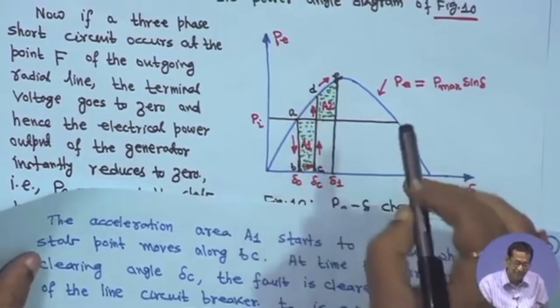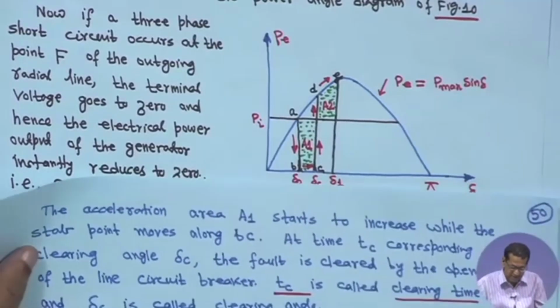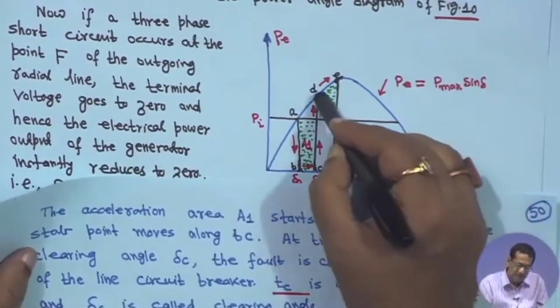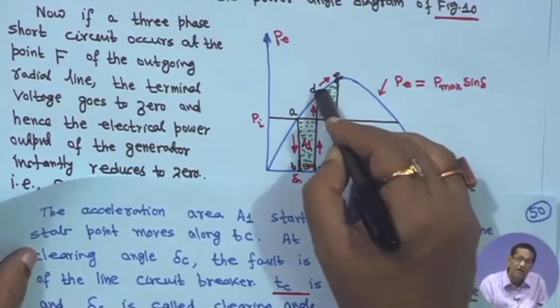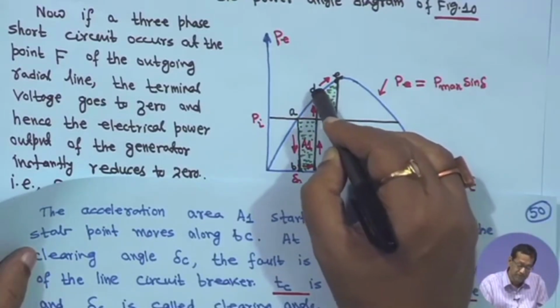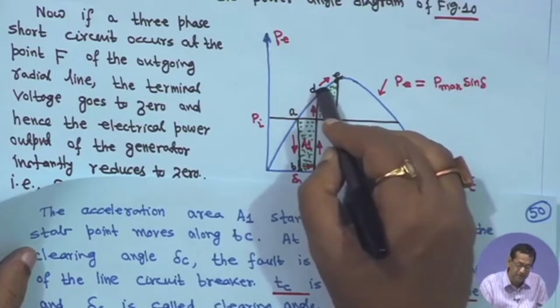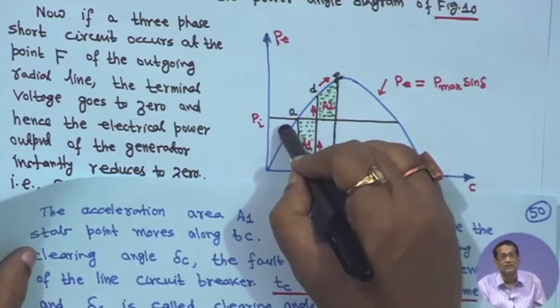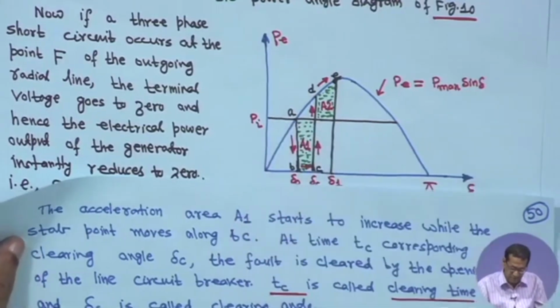So, at that time, at this point, the electrical power value P is more than Pi. So, in that case now the rotor will decelerate.